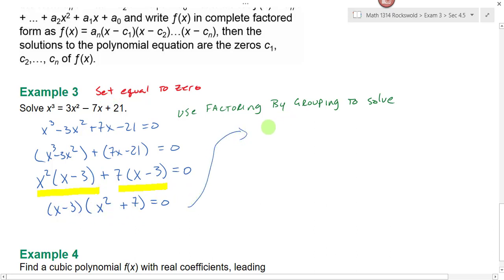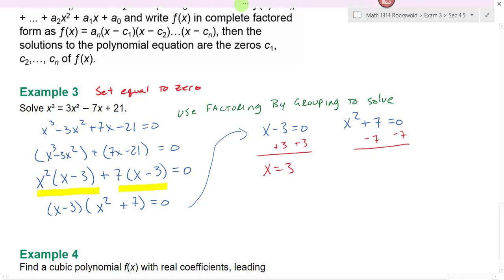solve for x. So that's going to give me x minus 3 equals 0 and x squared plus 7 equals 0. To solve this first one, I just need to add 3 to both sides, and that gives me x equals 3. Over here I need to subtract 7 from both sides, and that's going to give me x squared equals negative 7. How do I get the square off of the x?